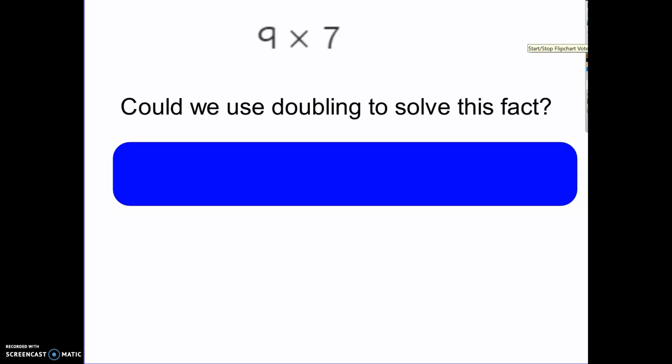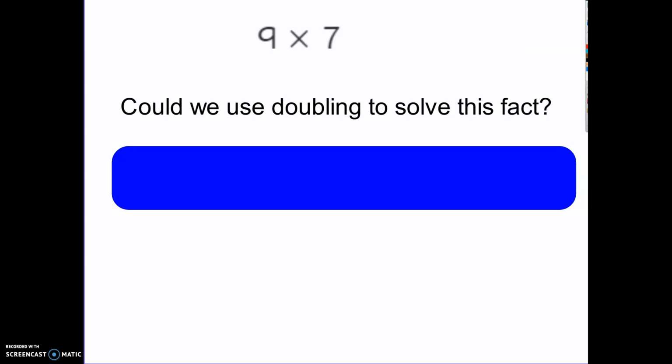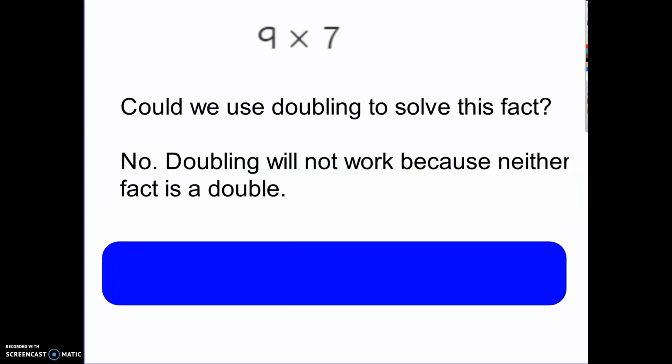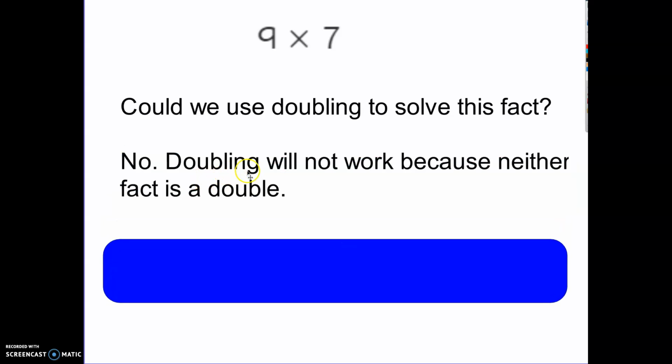Okay, so now how can we use doubling to solve 9 times 7? Guess what? We can't use doubling, can we? Doubling will not work because neither fact is a double, which means I cannot take 9 or 7 and make it be half.